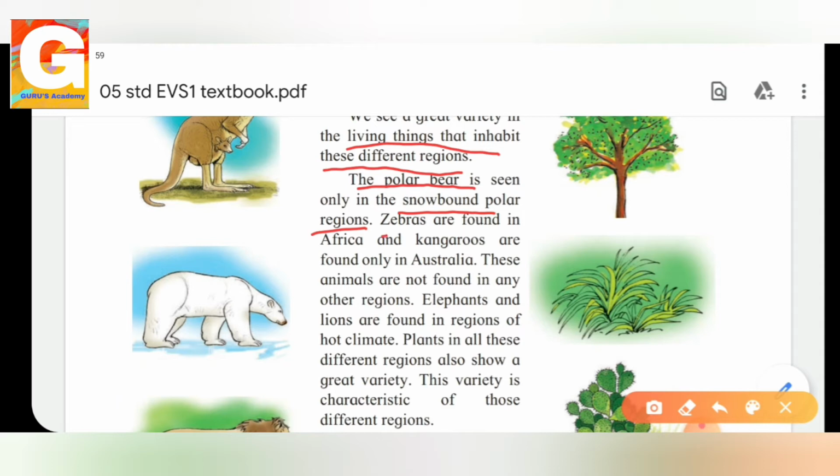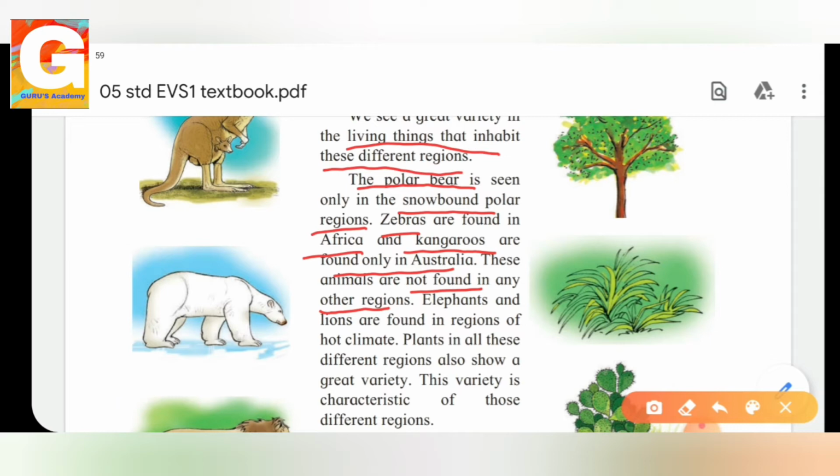Then we have zebras which are found in Africa, and kangaroos are found only in Australia. Why is that? Because they can live in those regions only, and these animals are not found in any other region. Yes, I have just told you. These types of animals can live only according to those regions.